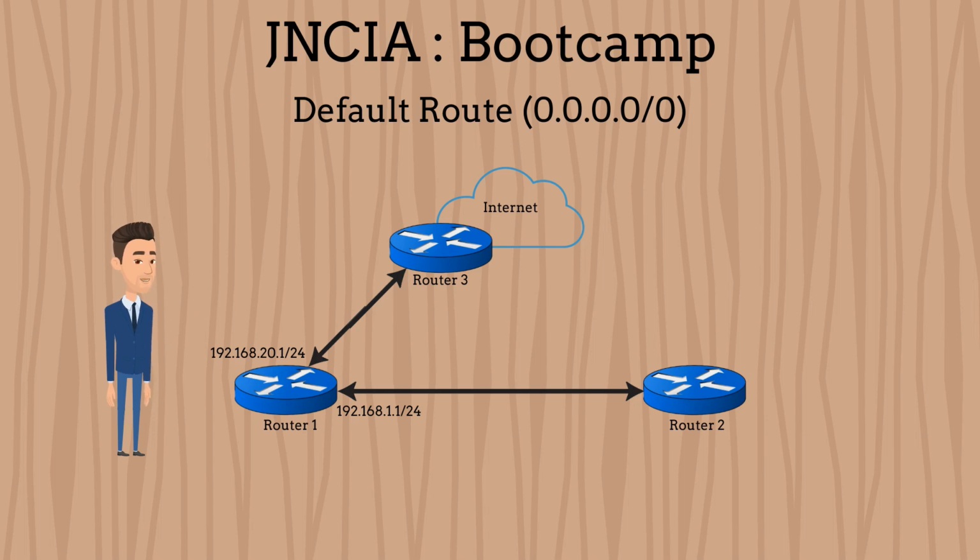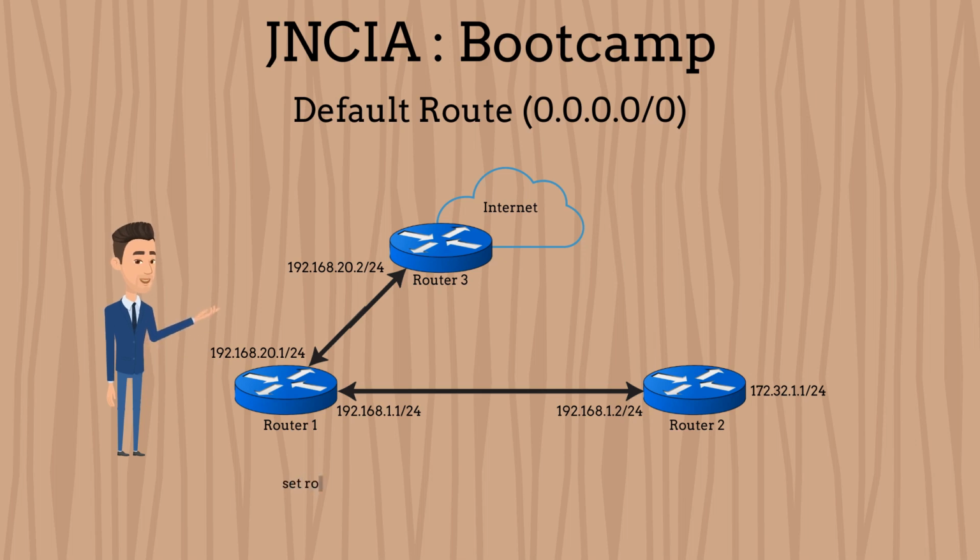One is addressed 192.168.1.2/24 and the other is addressed 172.32.1.1/24. Router 3 has one interface configured as 192.168.20.2/24 and the other interface is internet facing.